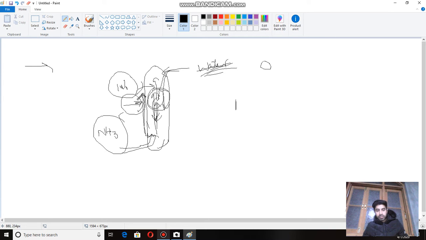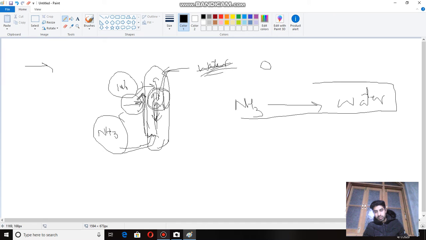That is why this ammonia gets absorbed in water, and the driving force for this absorption process is the concentration gradient. That means there is a difference of concentration of this molecule.